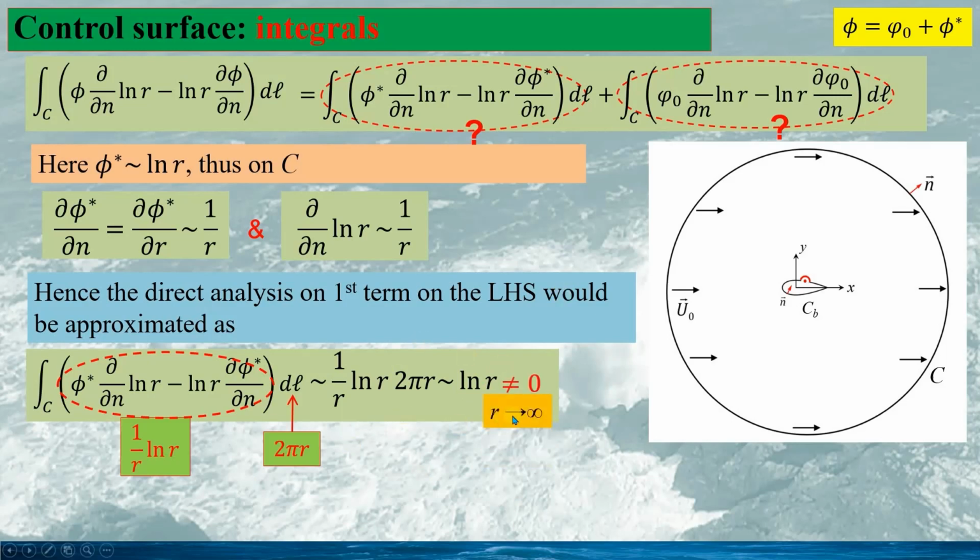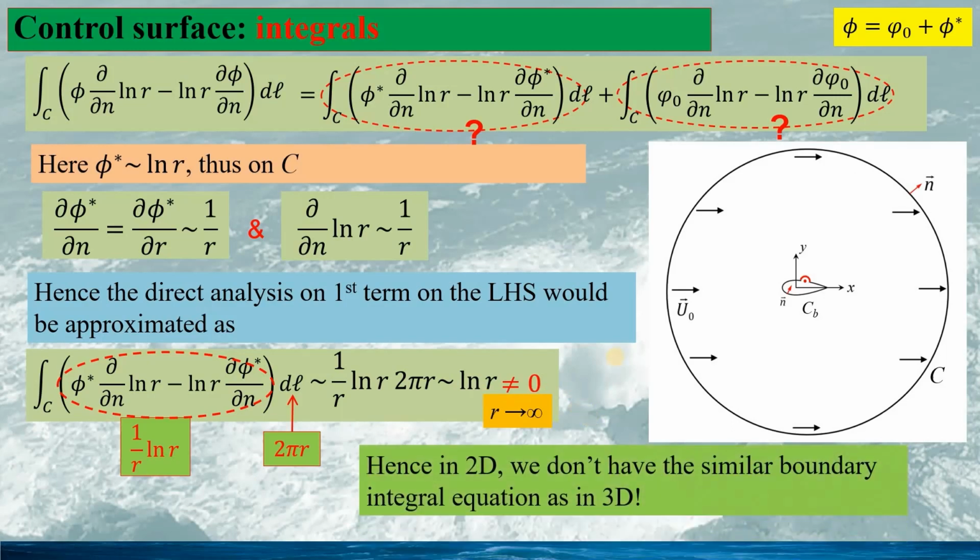So when r is infinite, this value would not be 0. Instead, it would be a very large value. That means in 2D flows, we don't have the similar boundary integral equation as we have seen in 3D flows.